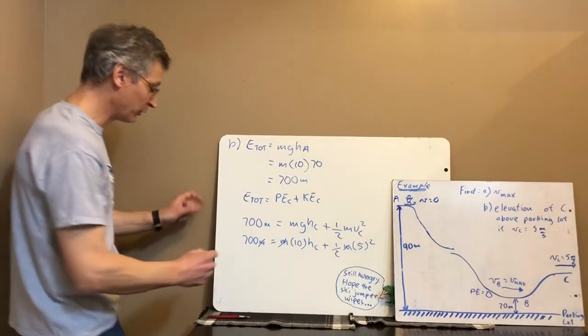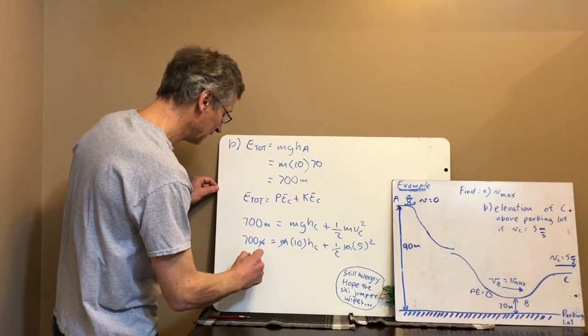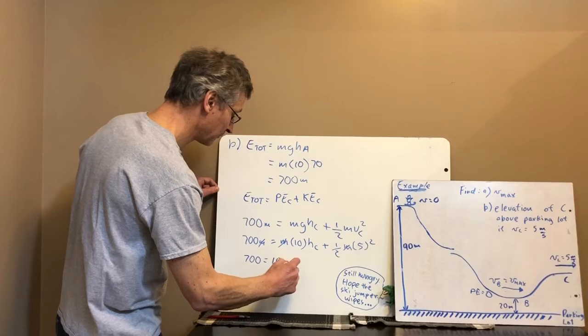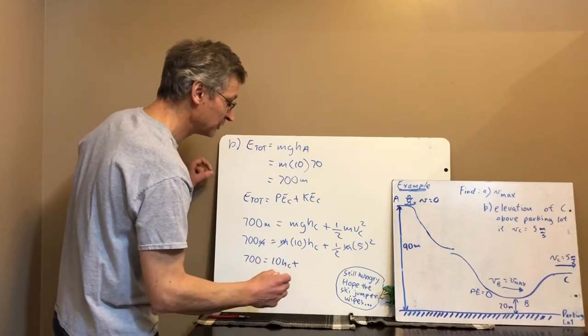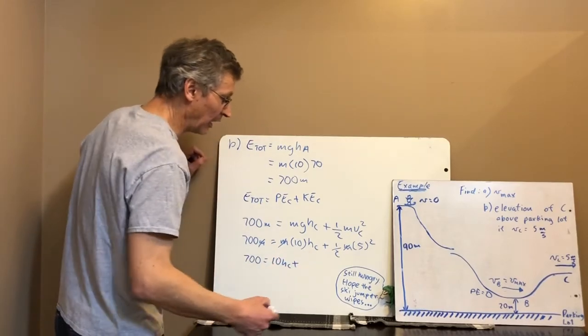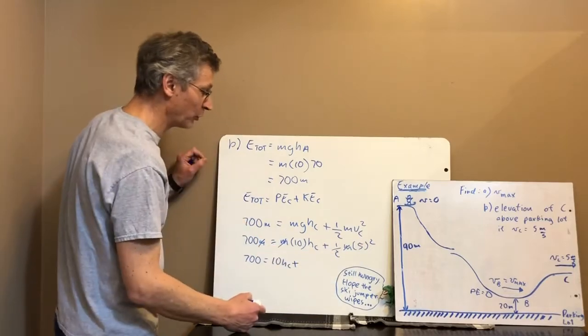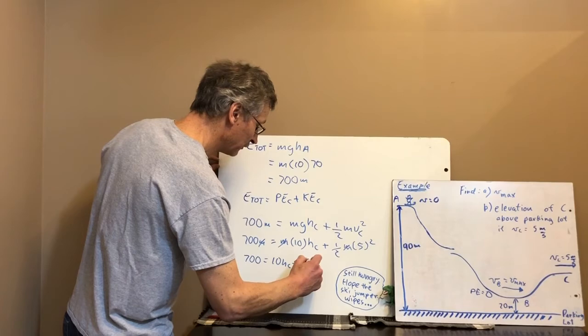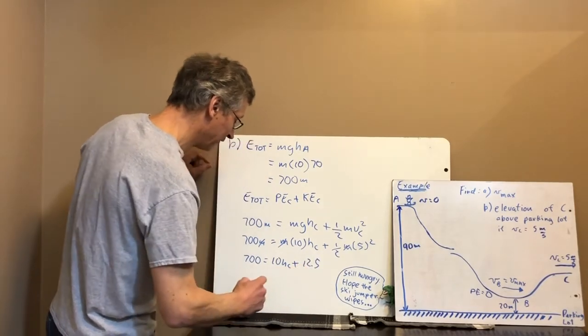And what are we left with? Well, we're left with 700 is equal to 10 times hC plus a half times 5 squared. Well, that's a half of 25, which is 12 and a half.